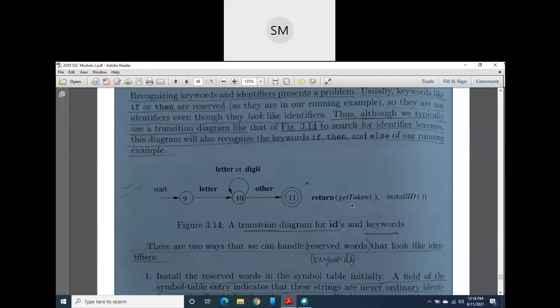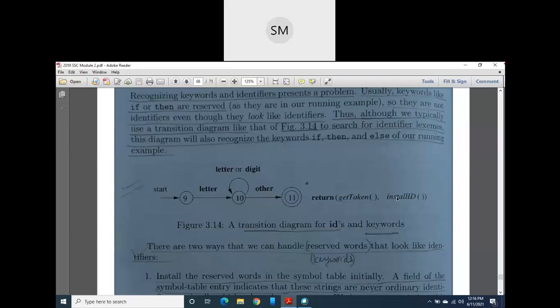You get the token now, because you have identified that token. Then you install the identifier. If it is an identifier, you install it in our symbol table.